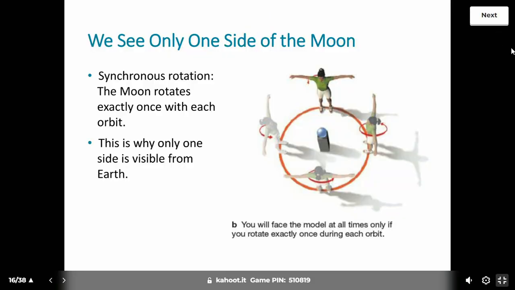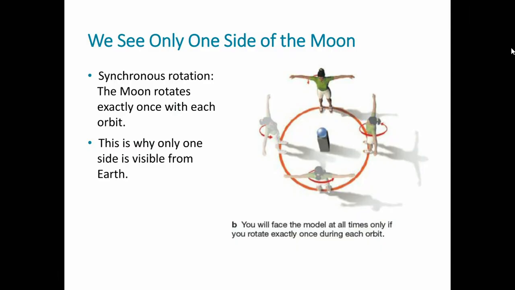Okay, so the moon orbits the Earth, and just like the Earth spins on its axis, the moon also rotates on its axis. That rotation is actually synced with its orbit, though. The side of the moon that we see is always the same side.